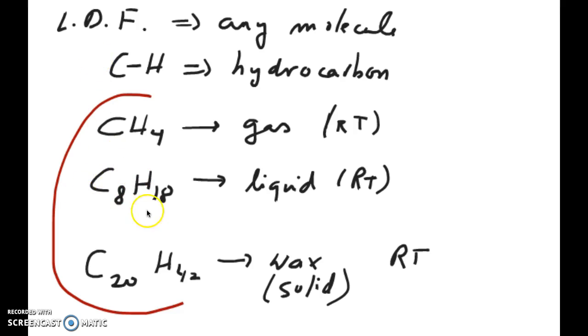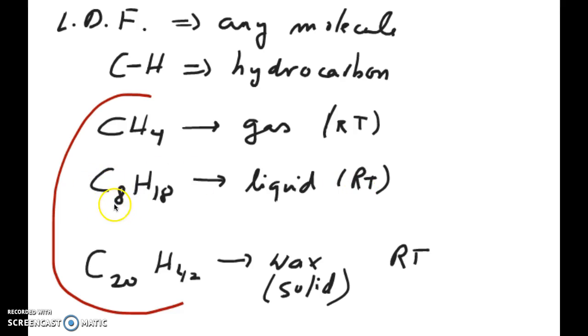However, if you make that molecule large enough, still a hydrocarbon, but now you have 8 carbons and 18 hydrogens, this is actually octane, which is a component of gasoline. And as you know, gasoline is a liquid at room temperature. So at that point, there's enough London force per molecule that it's strong enough to keep octane molecules stuck together to overcome the kinetic energy at room temperature.